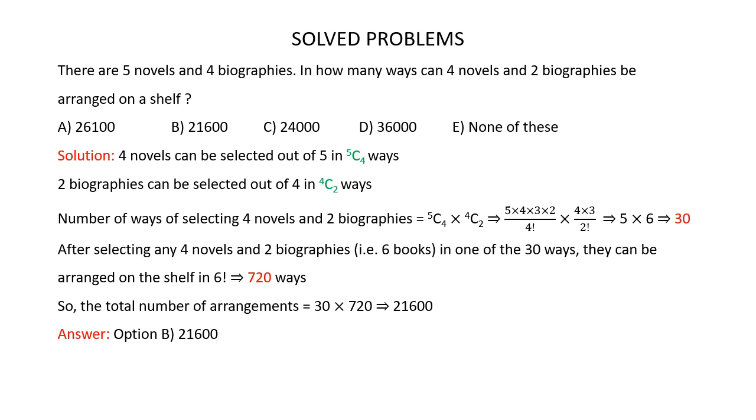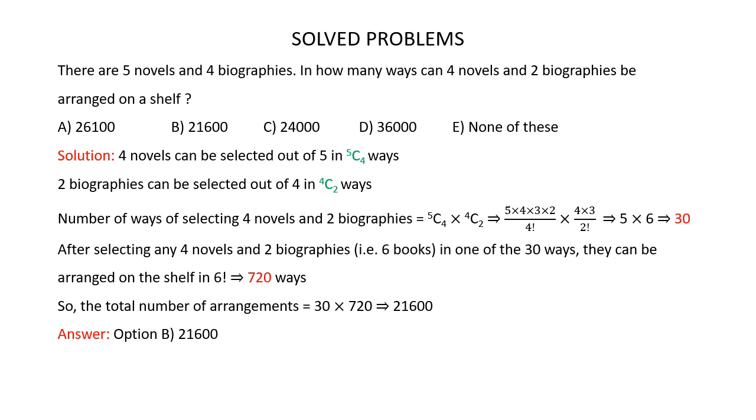Now, once the 4 novels and 2 biographies have been selected, we have to find out in how many ways these 6 books can be arranged on a shelf. Since here arrangement is being done, the concept of permutation has to be used. So to solve this problem, the concepts of both permutation and combination have to be used.